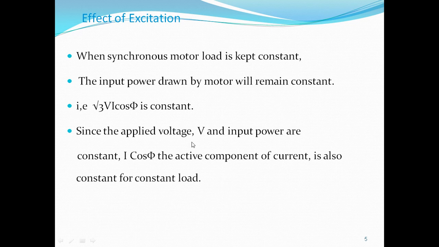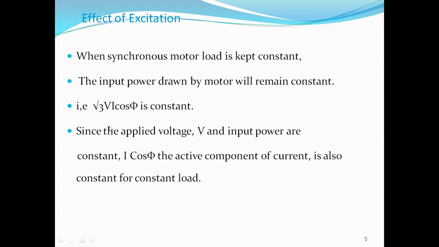Since the applied voltage V and input power are constant, I cos phi, the active component of current, is also constant for constant load. Here we are not changing the load. When load is constant, input is constant. So by keeping these two parameters constant, we are changing the excitation.